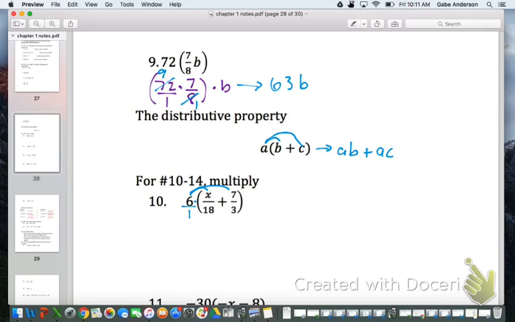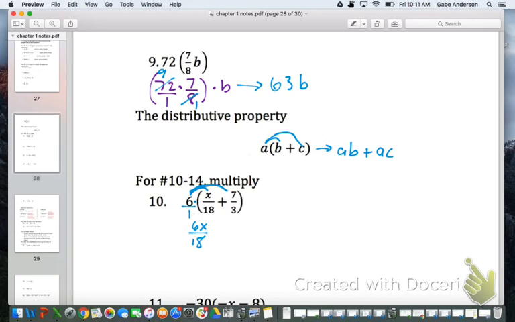Make sense? Okay. So whenever I multiply fractions together, I multiply the numerators times each other and the denominators times each other. So when I do my first little happy rainbow, I'm going to multiply 6 times x, and that's just 6x. 1 times 18 is 18, and that's my first little rainbow. Then I do my second little rainbow over there to the other fraction.